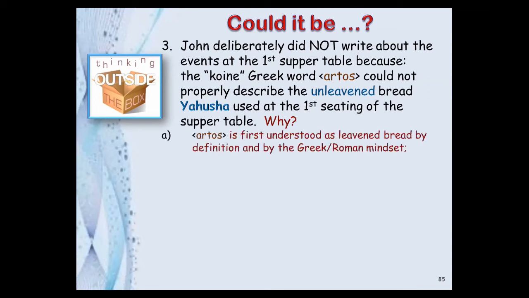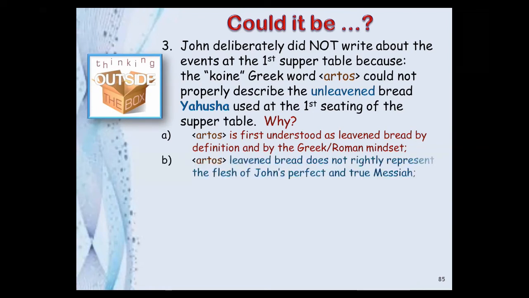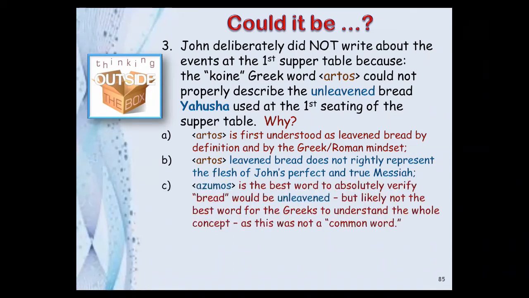And like I said, artos is first understood as leavened bread by the definition and by the Greek and Roman mindset. Artos, leavened bread, does not rightly represent the flesh of John's perfect and true Messiah, and he was not going to use any terms that would have koine Greek come in and take over.